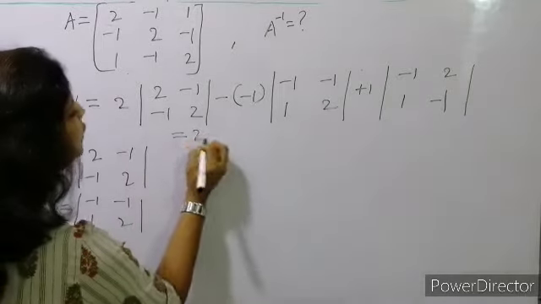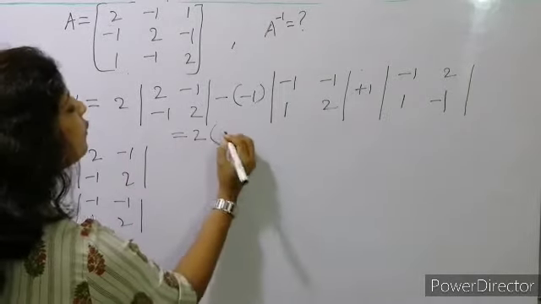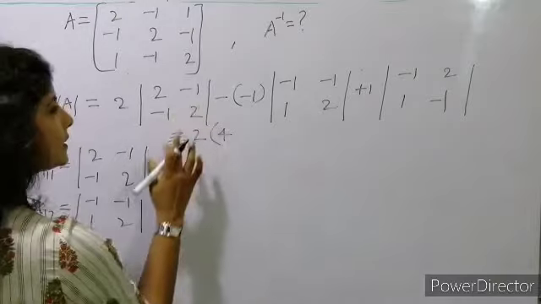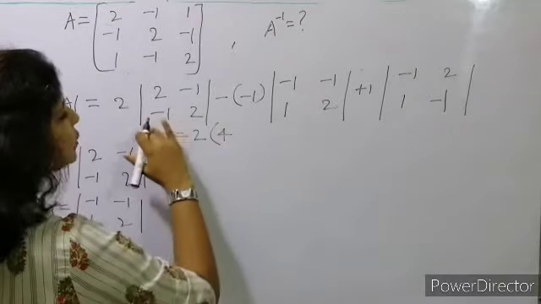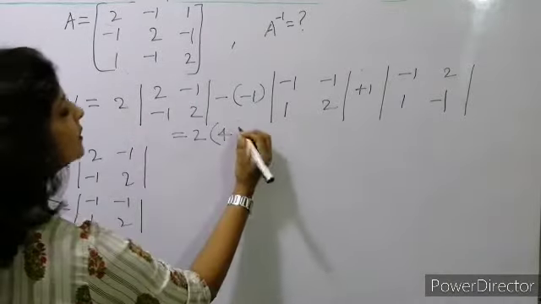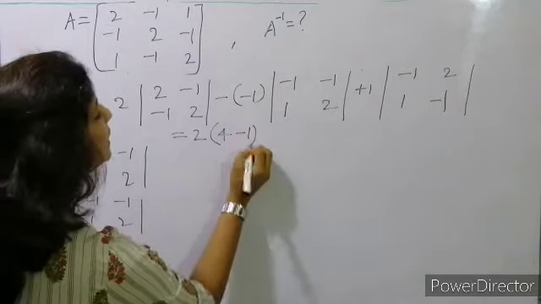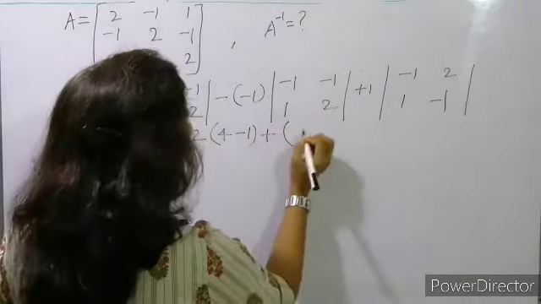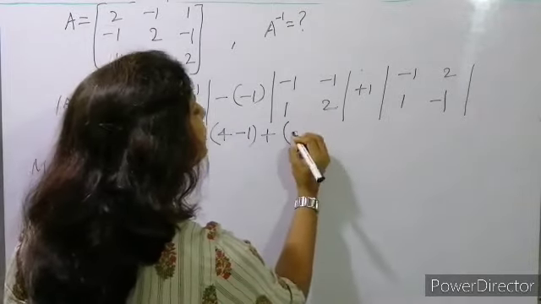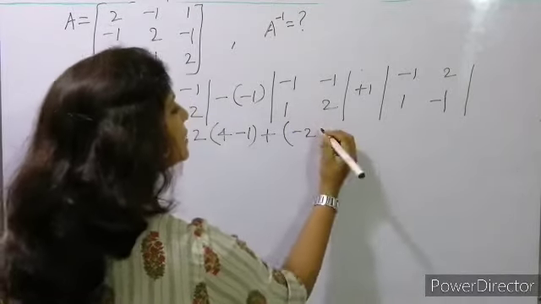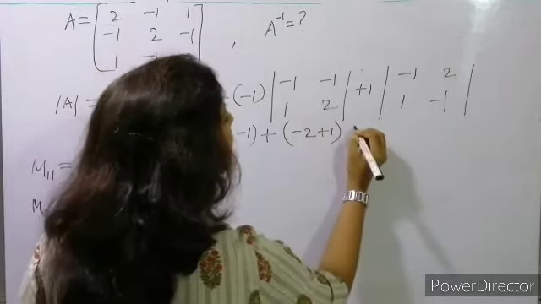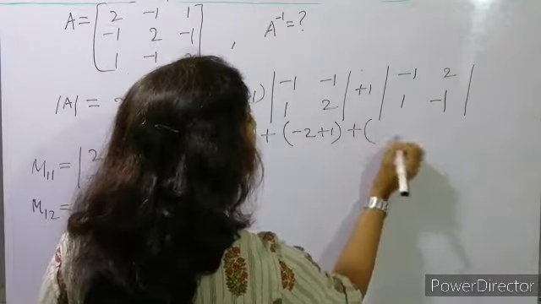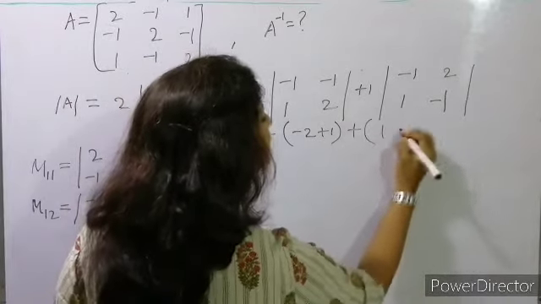What will be the value of the determinant? 2 into 2 is 4, and minus minus plus, and minus. So minus this into this. Okay, so -1 and minus minus plus 1. Now -1 into 2 is -2, and minus minus plus 1, plus 1 into minus minus 1, this 2.